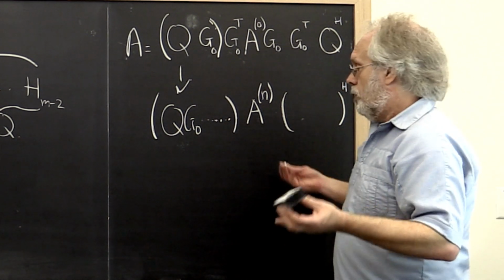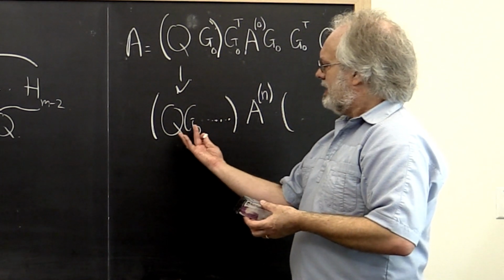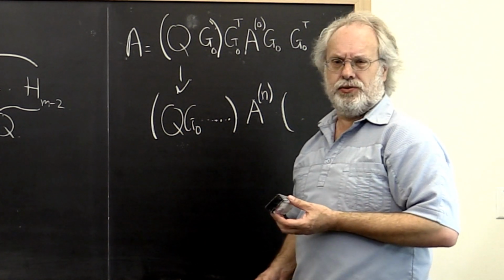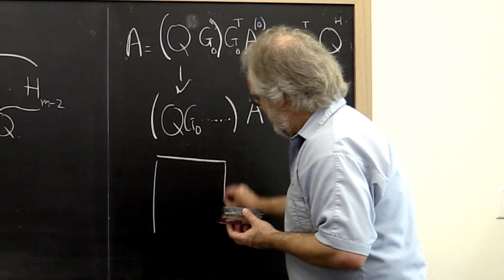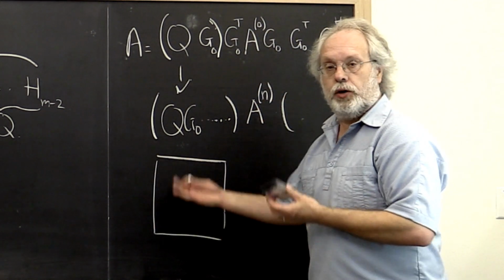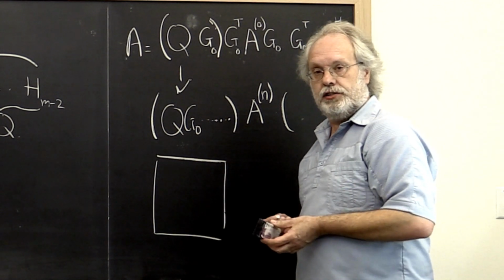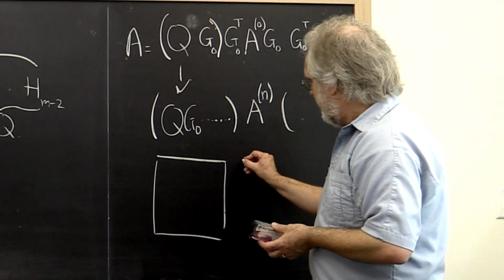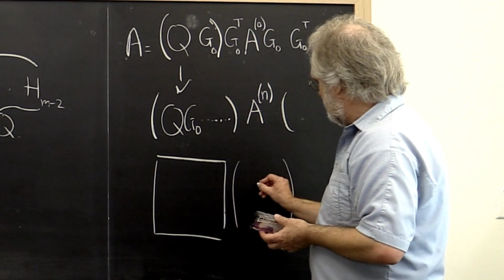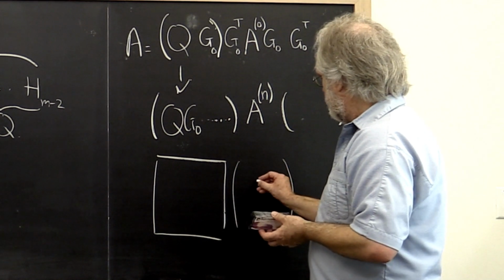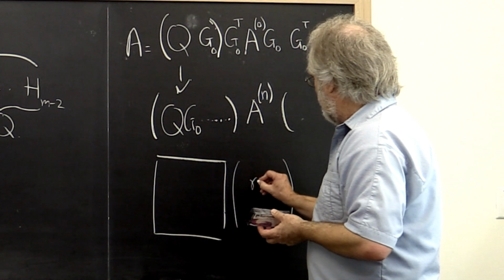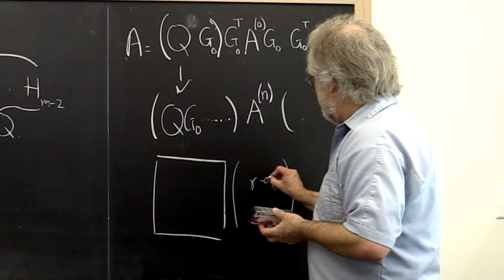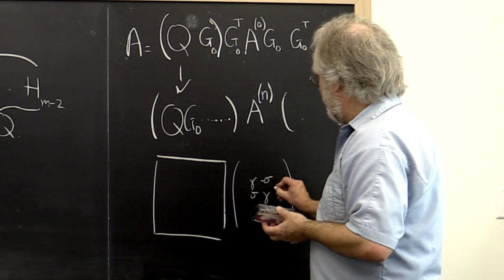Now, what does it take to apply a Givens rotation to a matrix? Well, if you think about it, we have this matrix where we are accumulating the eigenvectors. We now apply some matrix that has a small Givens rotation somewhere in here. Let's call it gamma minus sigma, sigma gamma.